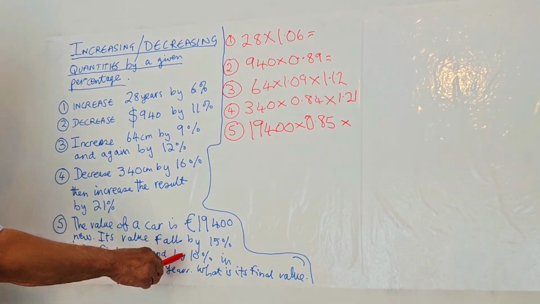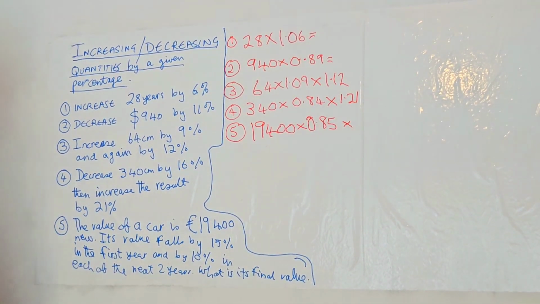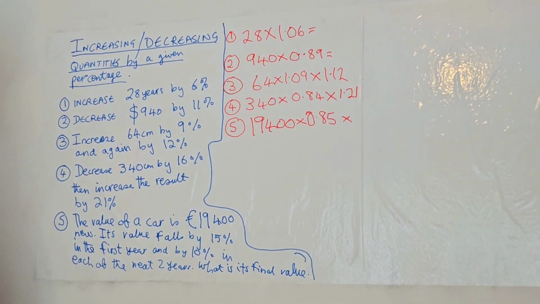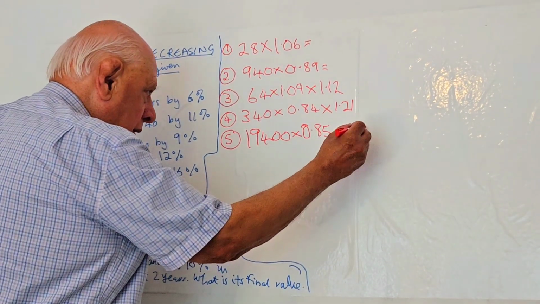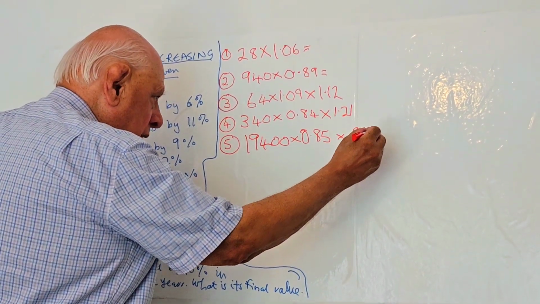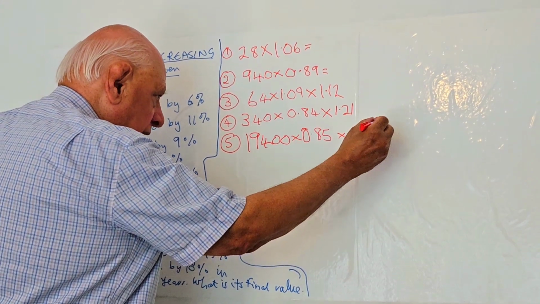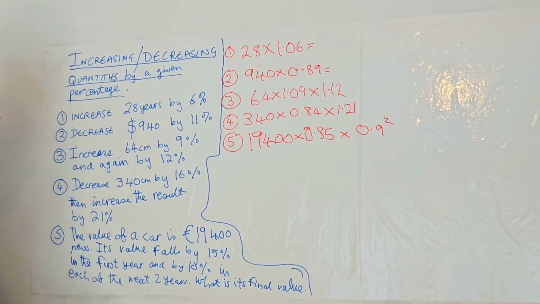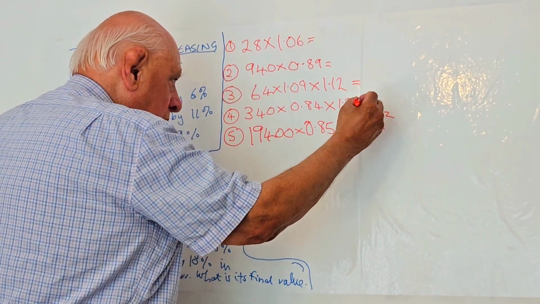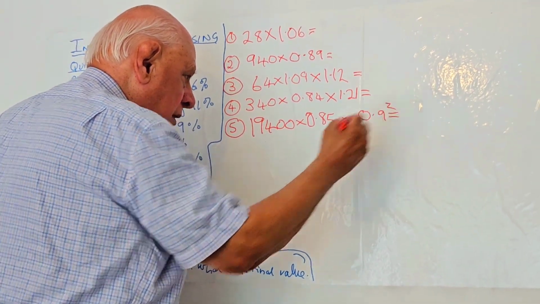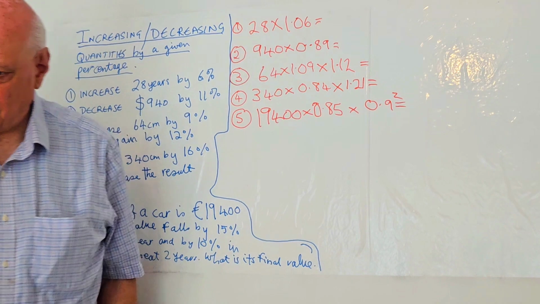And in the next 2 years it falls by 10%, which is 90 out of 100 or 0.9. And that's for 2 years, so you can write times 0.9 there, or we can just write 0.9 squared. Now all we've got to do is use the whiz box to work those out.